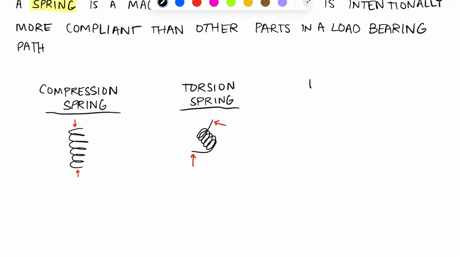And then extension spring, there are some various small parts that use extension springs. For example, I have a ring camera set up at home that has an extension spring to allow it to rotate and extend in different ways.